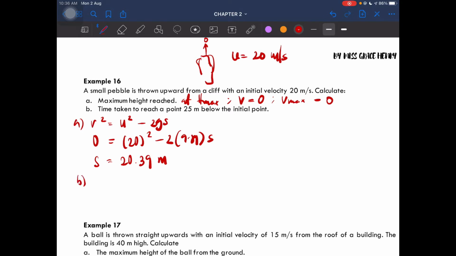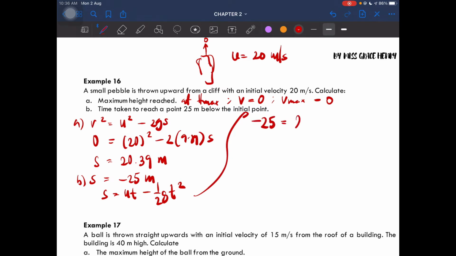Okay, now the time taken to reach a point 25 meter below the initial point. So below means negative 25 meter, and we can use s equal to ut minus half gt squared. Okay, so negative 25 equals 20t minus half 9.81 t squared.